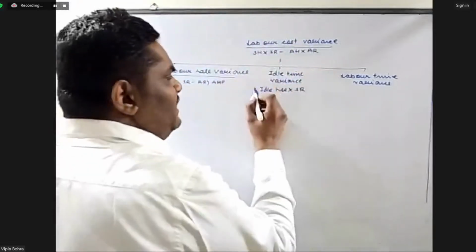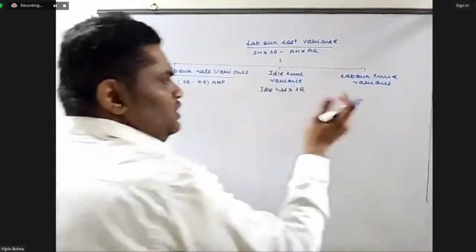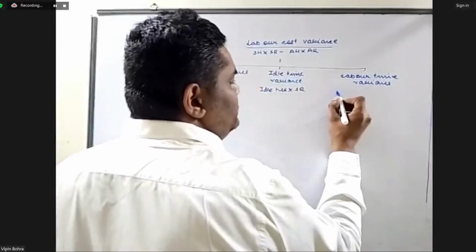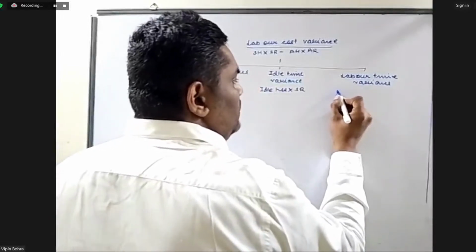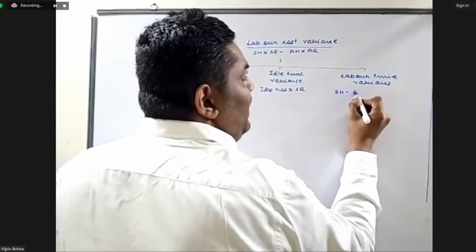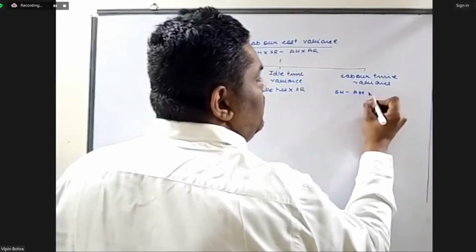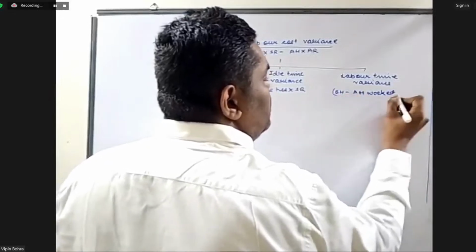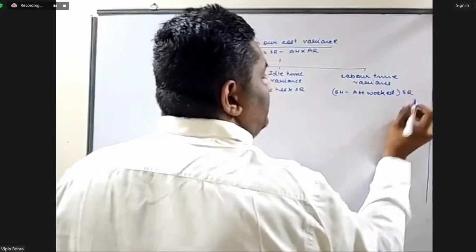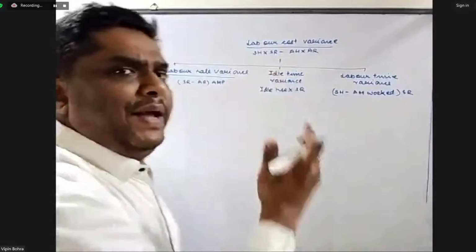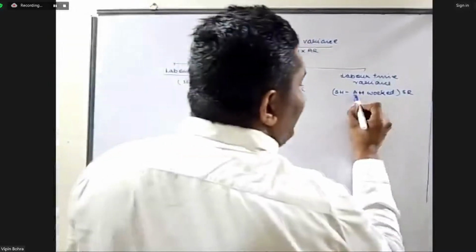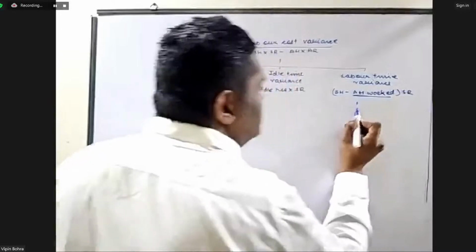So this labor time variance will be calculated using standard hours minus actual hours worked into standard rate. Since we have removed the impact of idle time here only, from here onwards actual hours worked will be considered.